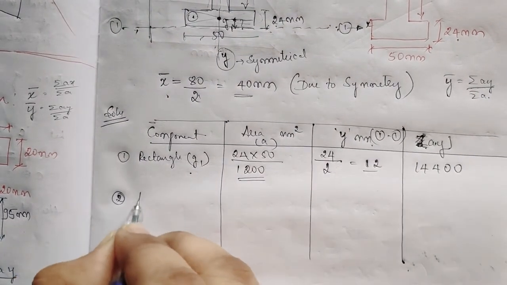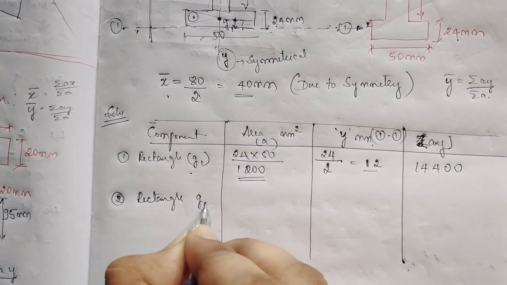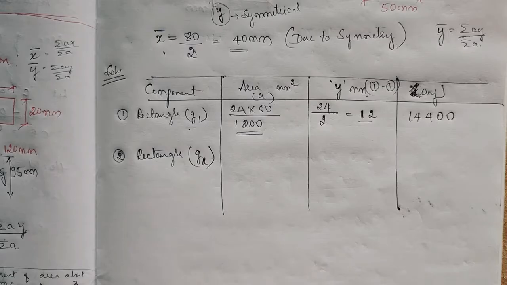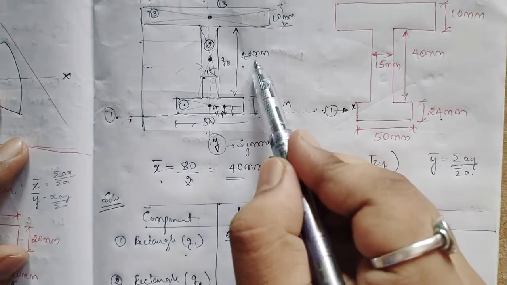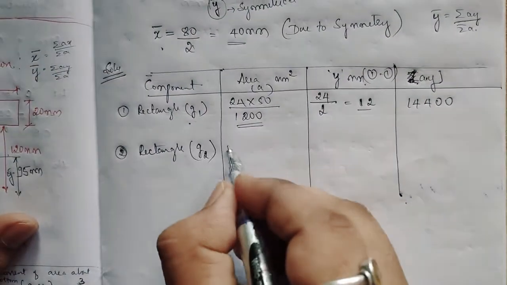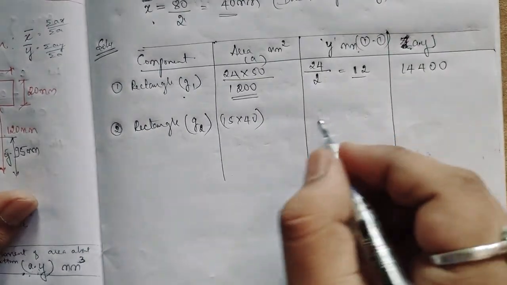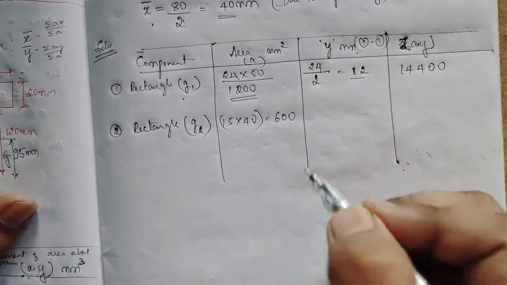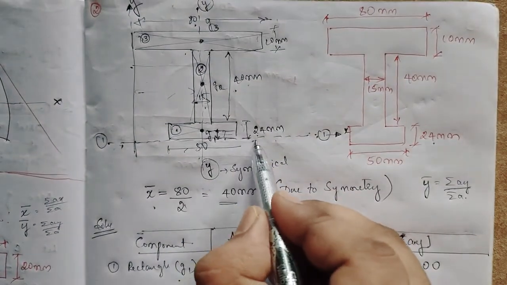Now the second rectangle, G2. So what is this G2? G2 is 40 into 15. See here, 40 mm and 15. So breadth into depth, that is 15 into 40, and it gives around 600, right? Now what is the distance from the bottom reference axis?